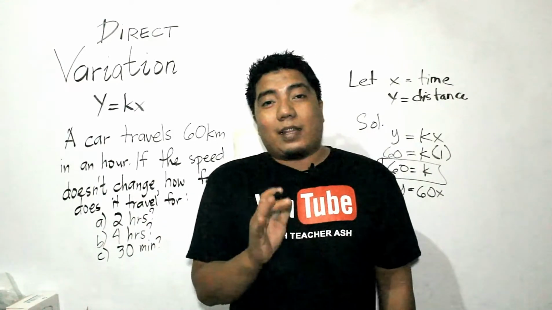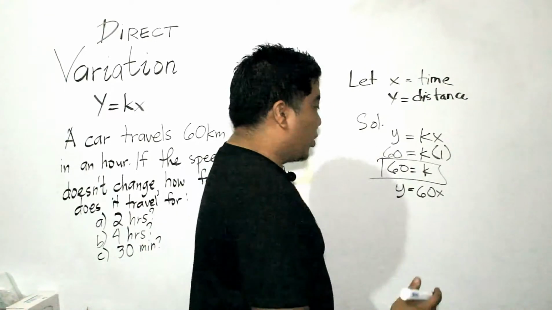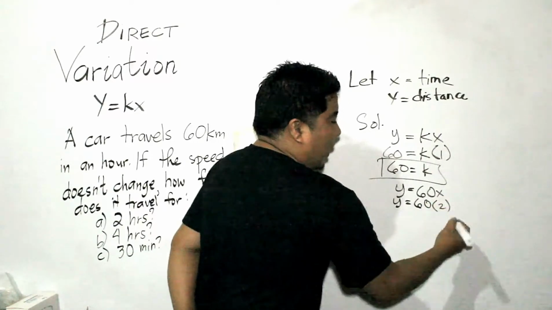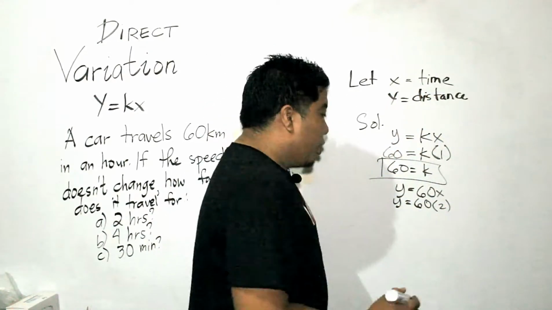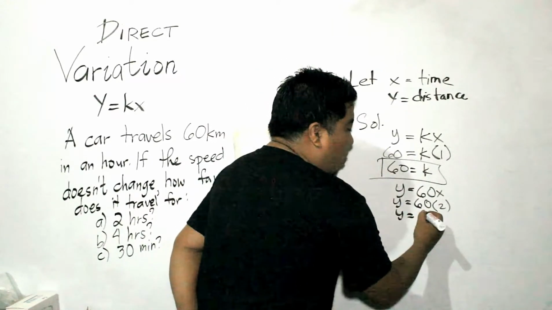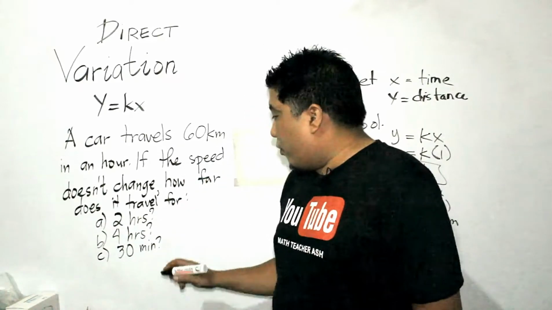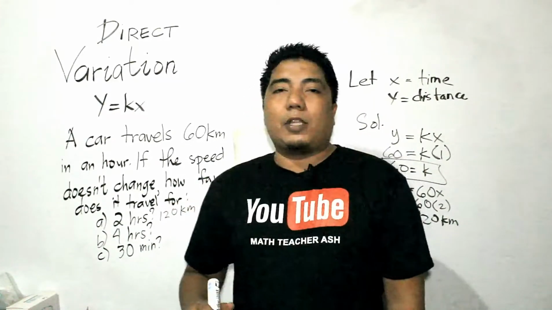Okay, so now let us solve for our first problem. What is the distance traveled in 2 hours? That is y is equal to 60 times 2 because our time here is 2. Okay, so we have y is equal to 120 kilometers. So therefore, for the first answer, we have 120 kilometers.